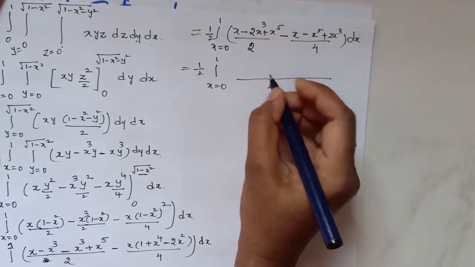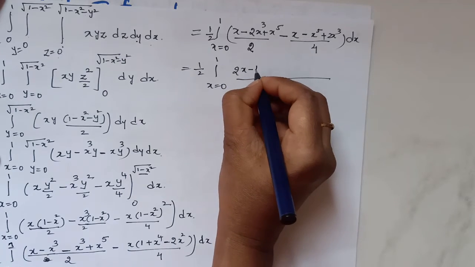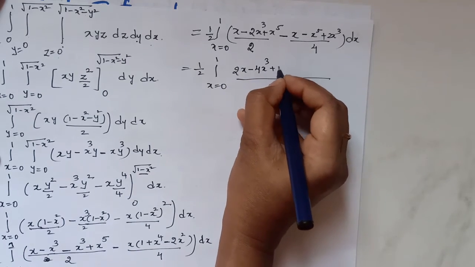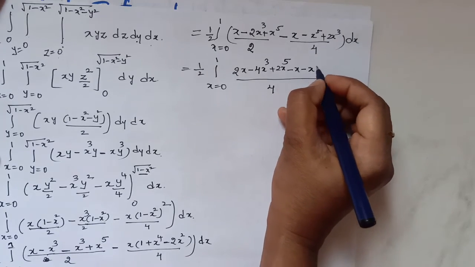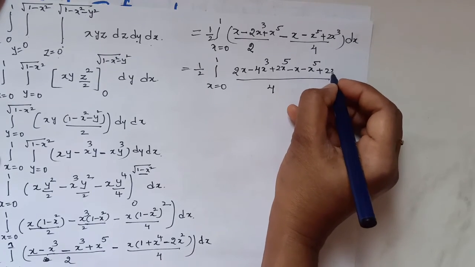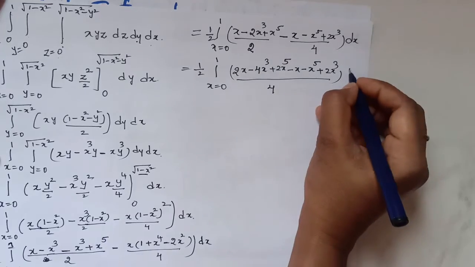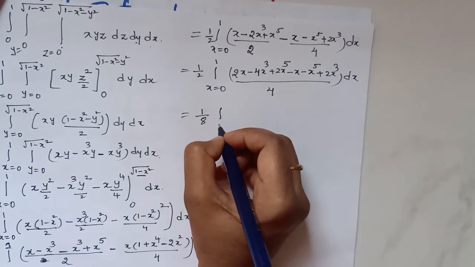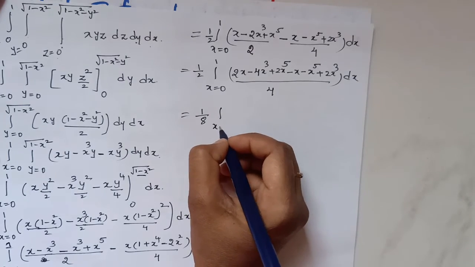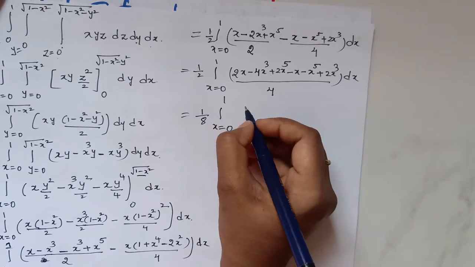LCM is 4. So 2x minus 4x cube plus 2x power 5 minus x power 5 plus 2x cube into dx. Again 1 by 4 we can write outside of the integral, that is 1 by 8, x is equal to 0 to 1.